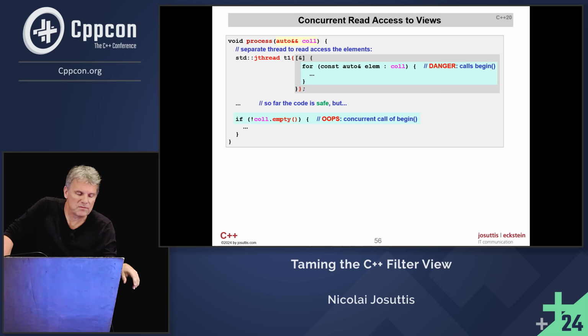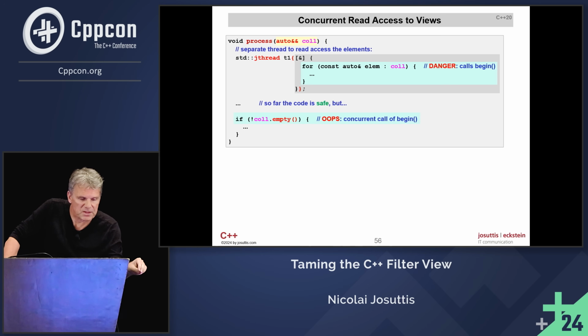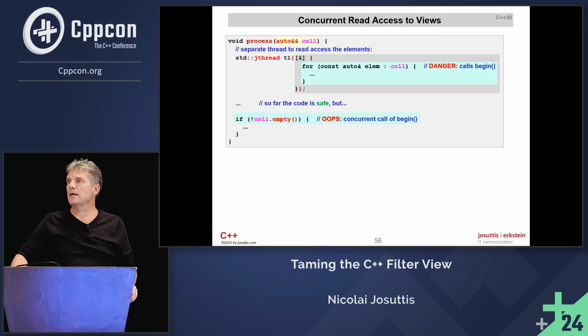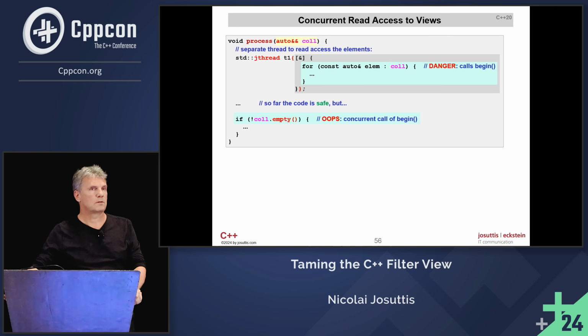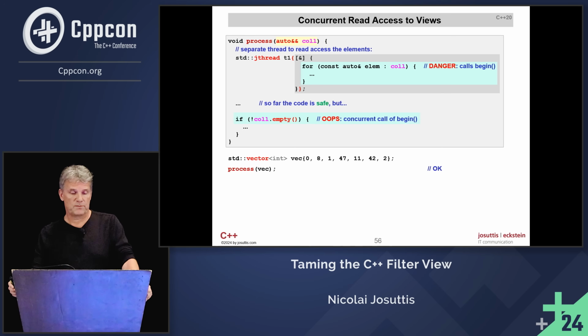That means two threads call for the first time the code that finds begin to cache it. This is undefined behavior. This is a runtime error. So iterating over a view is not thread safe. Yeah, if you do that multiple times.